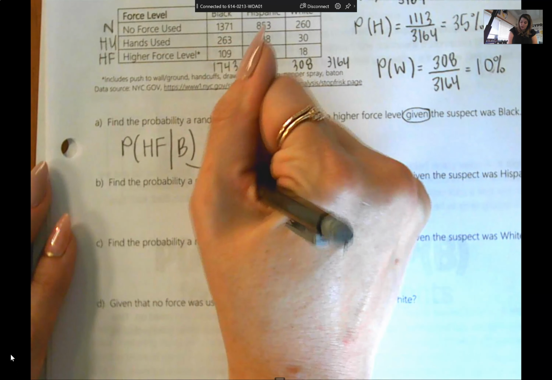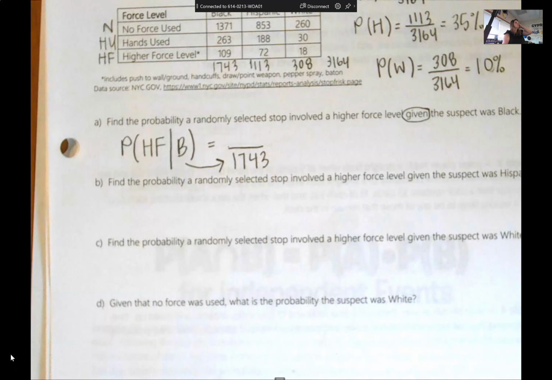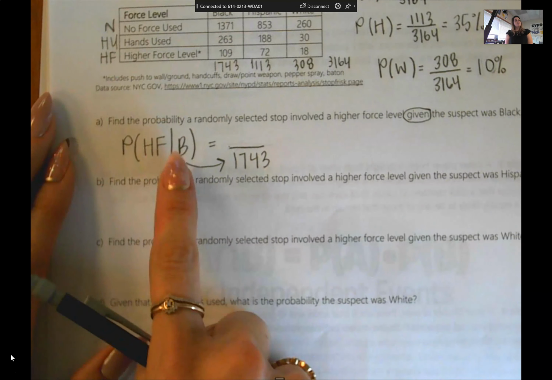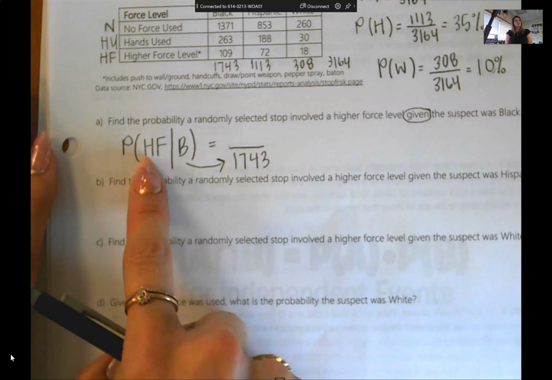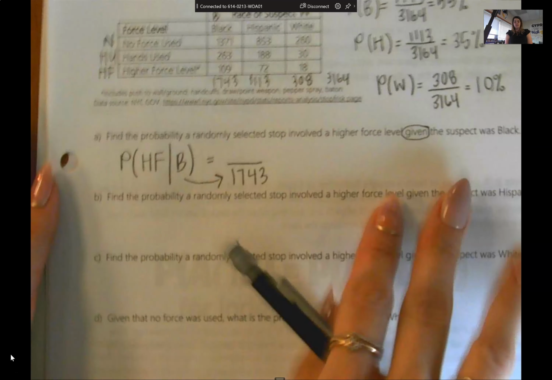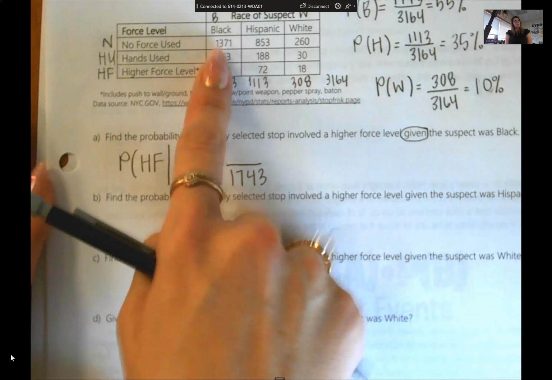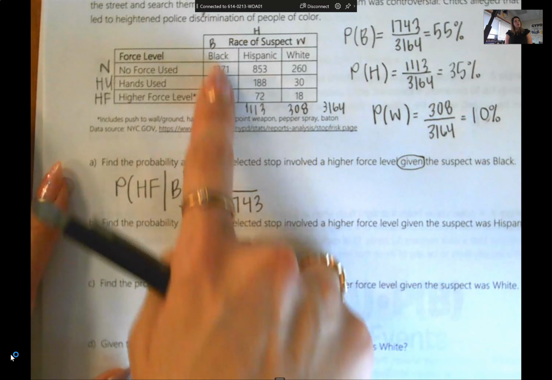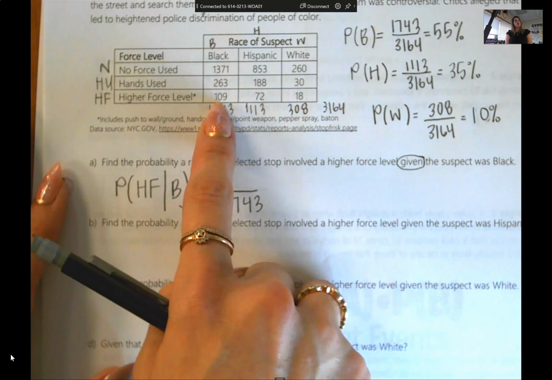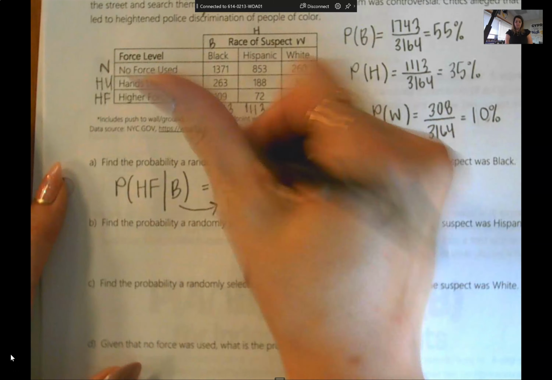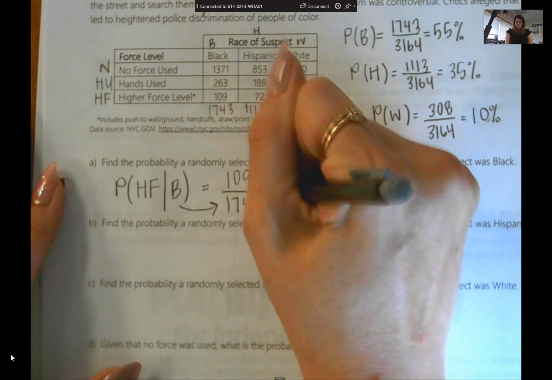So your given is going in the bottom. Your top then is the number of suspects that higher force was used on. So we're still in the B column. Higher force was used on 109.